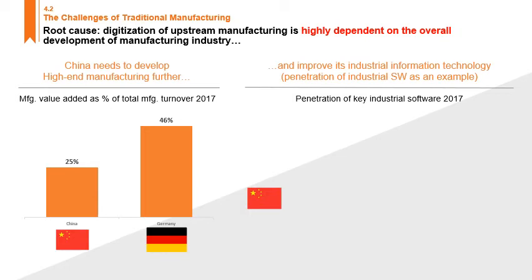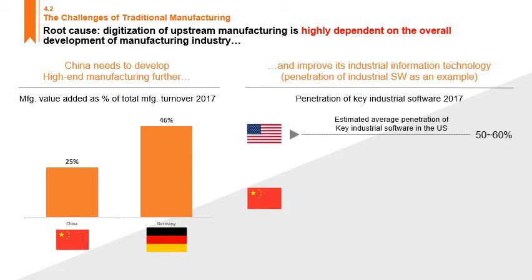So China needs to develop high-end manufacturer further and improve the industrial information technology through penetration of industrial software as an example. For America, their estimated penetration of key industrial software in the US is about 50 to 60%.